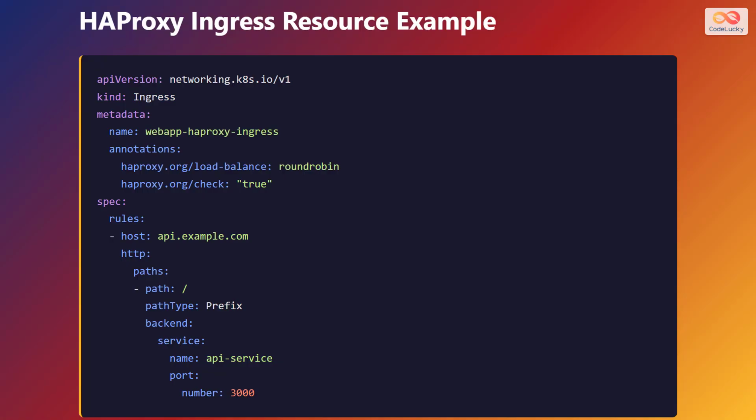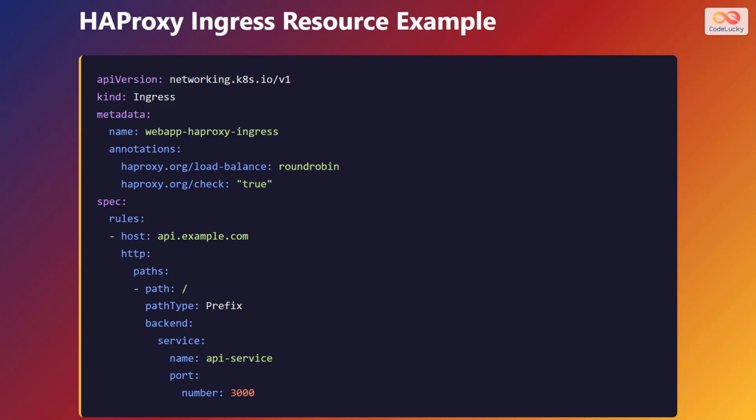Let's examine an HAProxy ingress resource configuration. Similar to the previous examples, we define the API version and kind. In the metadata section, we add HAProxy-specific annotations. The load balance annotation is set to round-robin, which distributes traffic evenly across backend pods in a circular fashion.